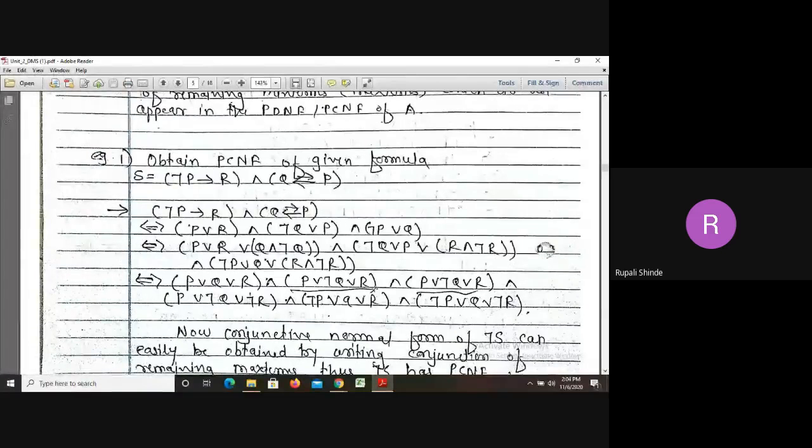First of all you have to check what are the missing terms. जे PDNF मध्ये आहे ते सोडून कुठले टर्म्स आहेत ते फाइंड आउट करायचे, परत त्या टर्म्स वर निगेशन अप्लाय करायचे, then you will get required PCNF. समजली का प्रोसिजर? Yes, ma'am. ओके.